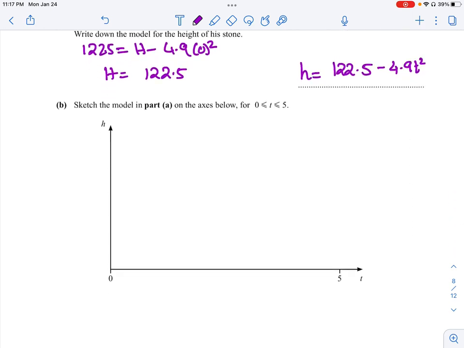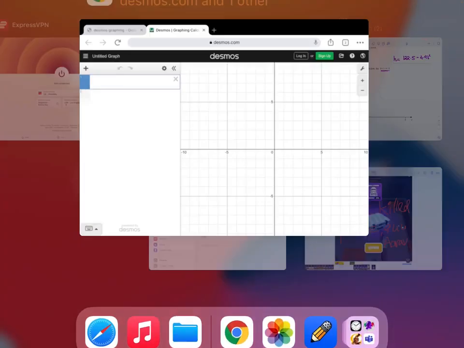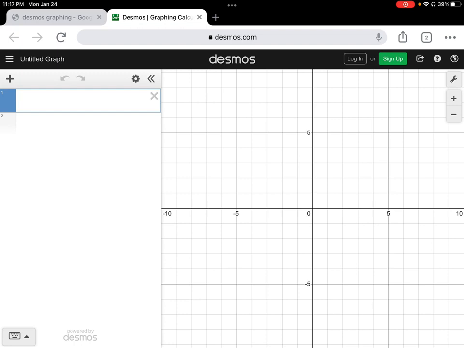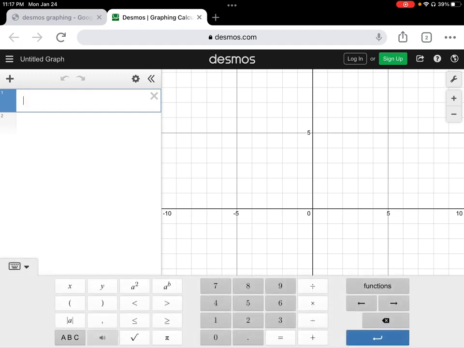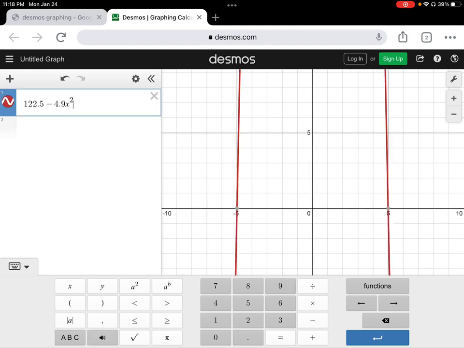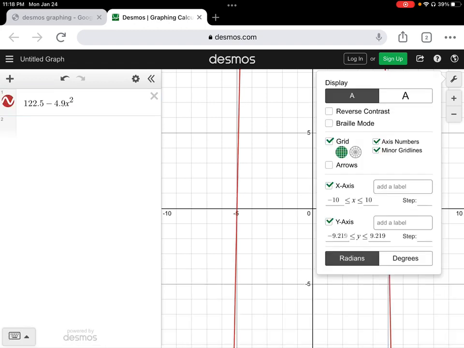Now sketch the model between 0 to 5. So I take the graphing calculator. So it is 122.5 minus 4.9 x square. But change the axis.